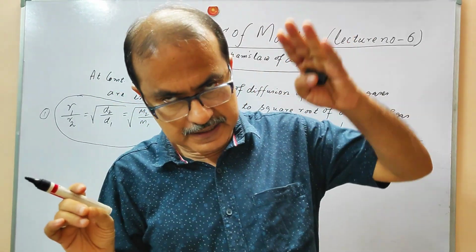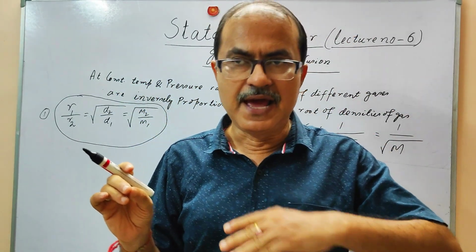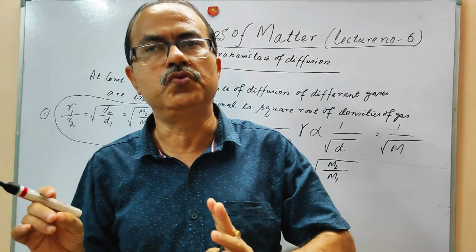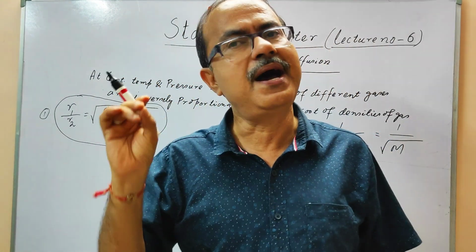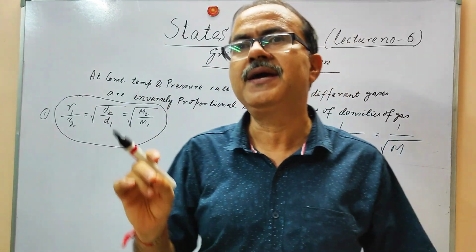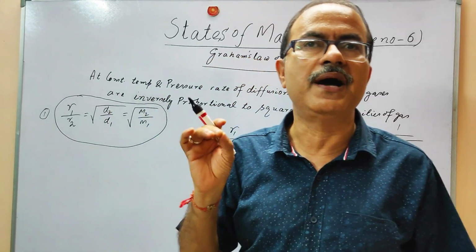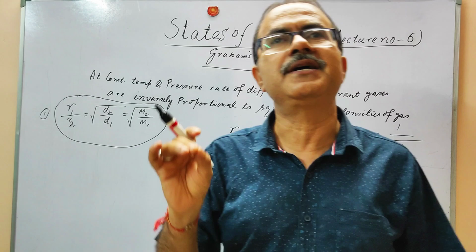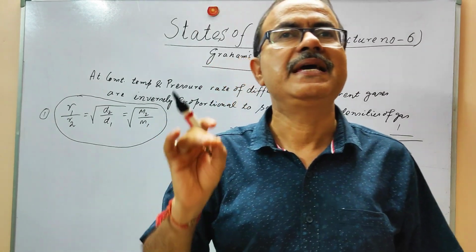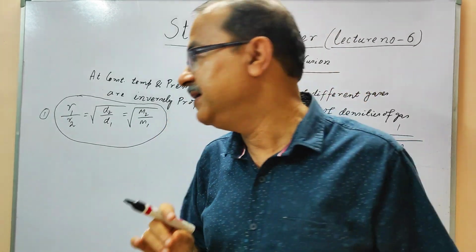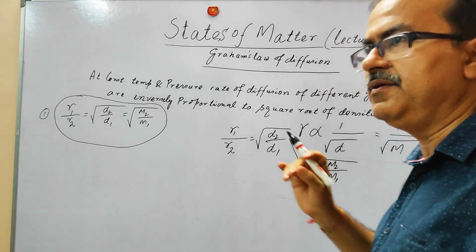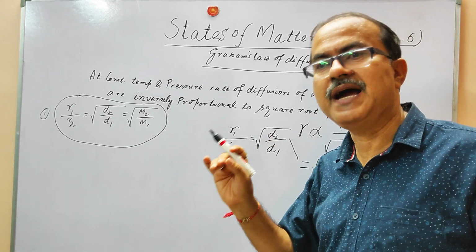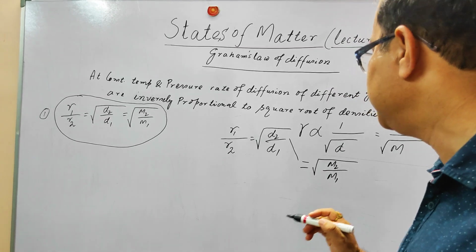If we increase the pressure of the gas, the number of molecules that hit the surface of the vessel will be higher, and you will find the rate of diffusion will be higher. So the rate of diffusion is directly related to the pressure.